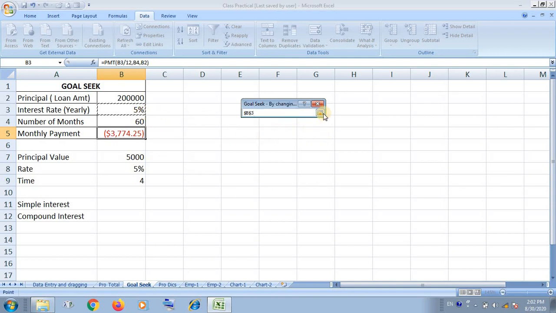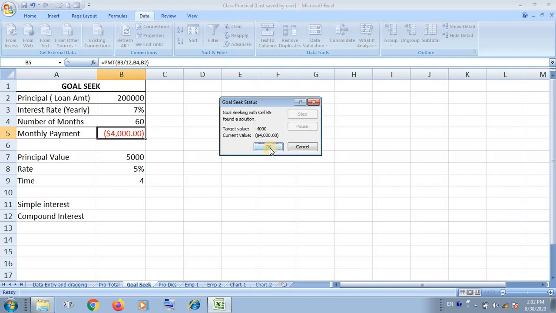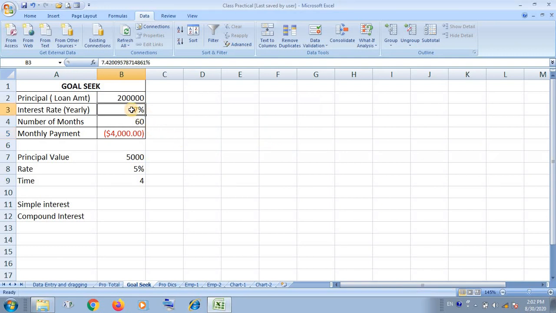Then I have to click on OK. You are looking here, it has been changed and the percent has increased to 7.42.